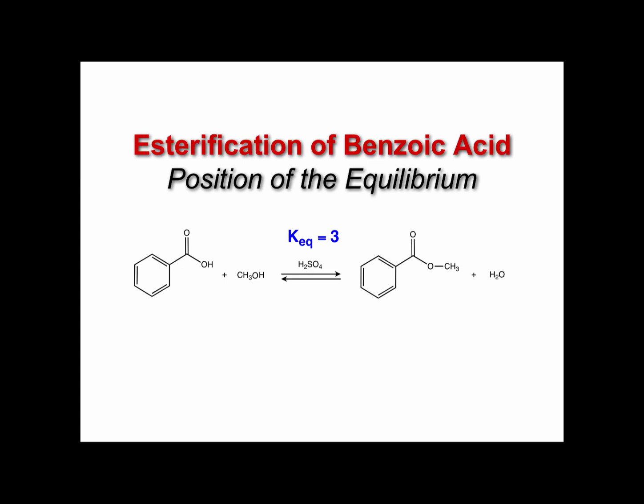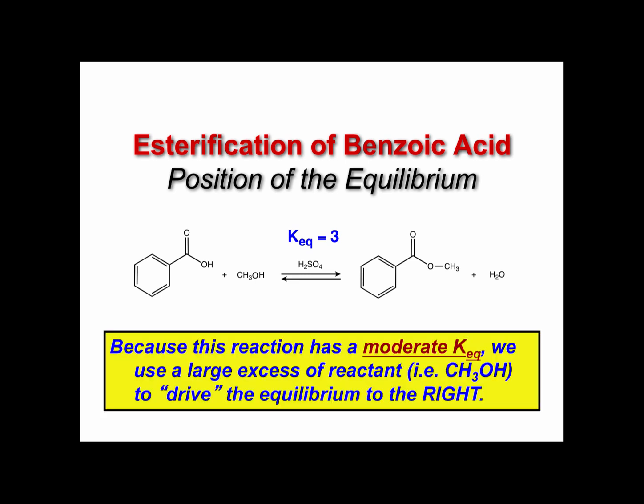So here we're going to increase the concentration of methanol. We do the reaction in a solvent, which is methanol, and that pushes the whole reaction towards completion via Le Chatelier's principle.